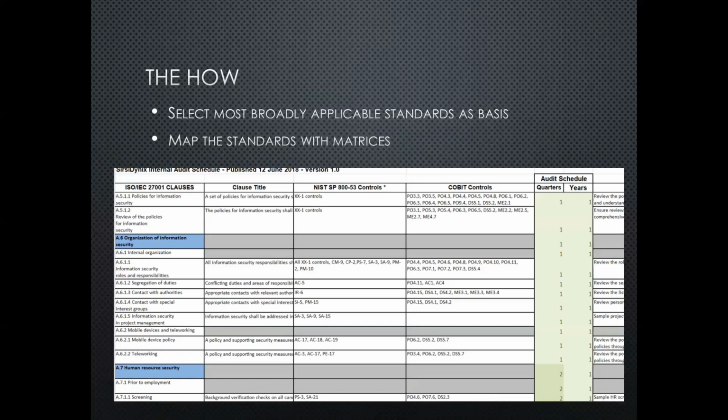Not only that, but add the mapping for other standards with which you are most likely to have to comply in the future. It doesn't hurt to add in a few columns for some of the most well-accepted standards for your geographic region.